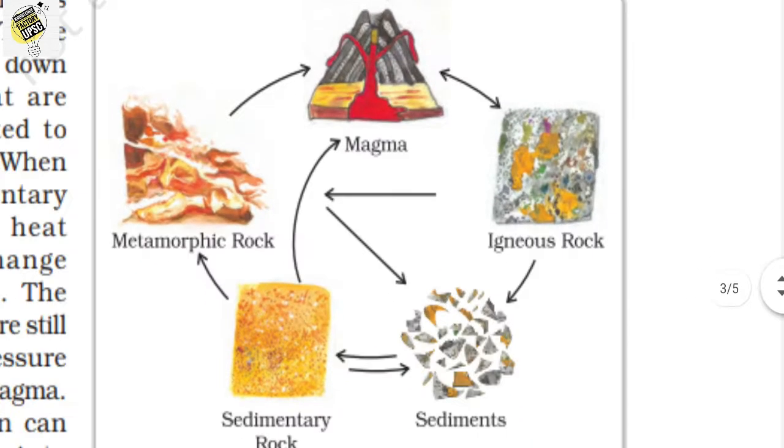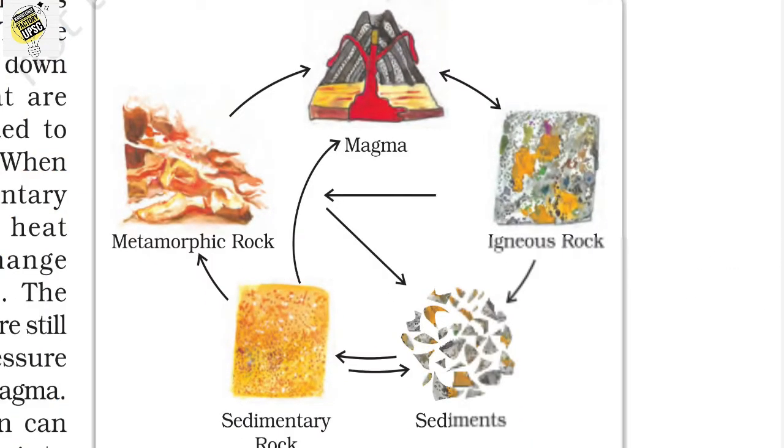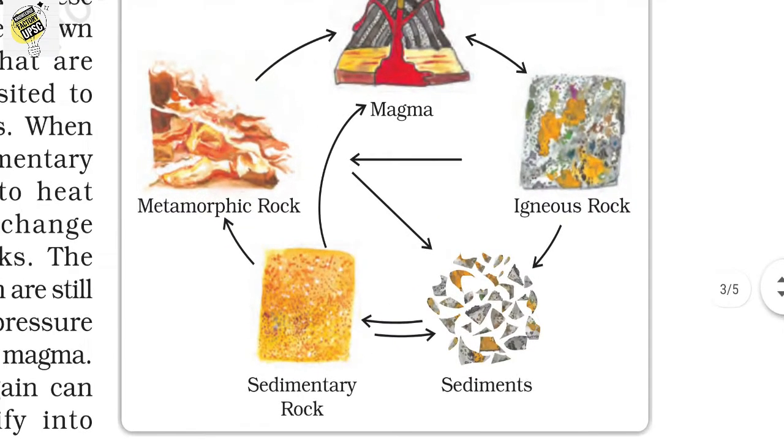Here we can find magma, and this volcanic magma comes out and forms igneous rock, and these igneous rocks are broken down and form sediments. These sediments undergo pressure and temperature to form sedimentary rock, and these sedimentary rocks undergo severe heat and pressure to form metamorphic rock.